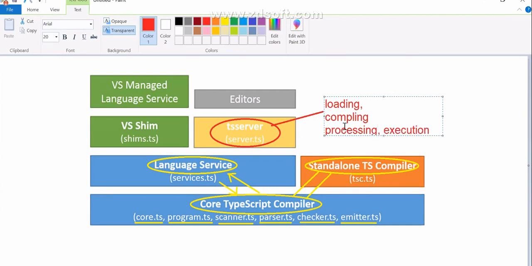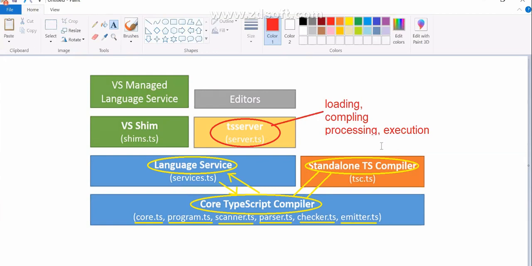That means it is where the compilation and processing of your TypeScript program will happen. Compiling is done by the compiler only, but where is it compiled? It is compiled on the server.